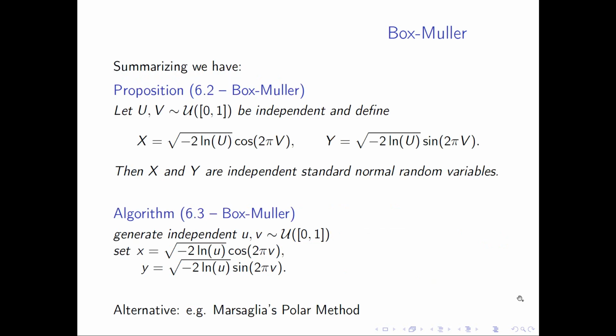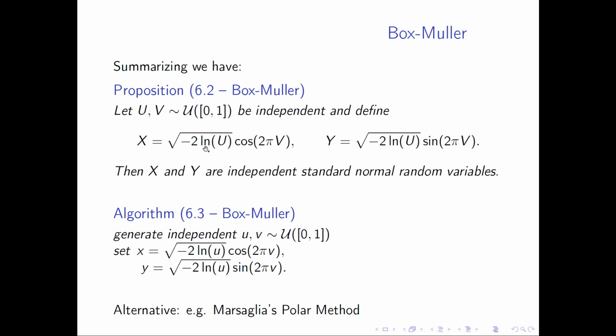Okay, so here's a summary of these previous steps. That's the proposition which summarizes Box-Muller. So u and v are two independent random variables, uniformly distributed in 0, 1. If we define x in this way and y in this way, then x and y are two independent standard normal random variables. So we need to be able to sample from this.